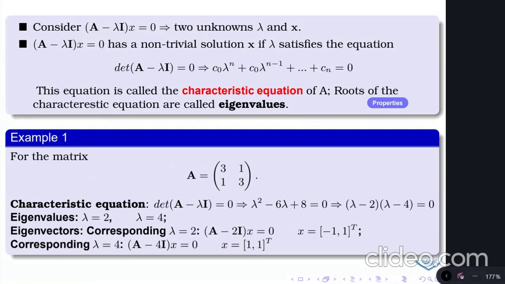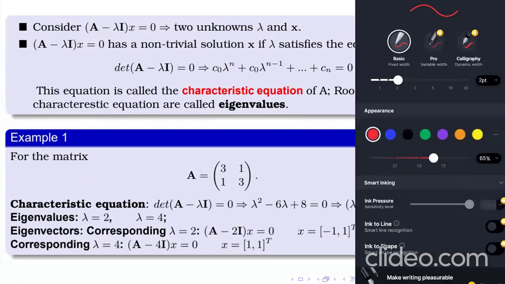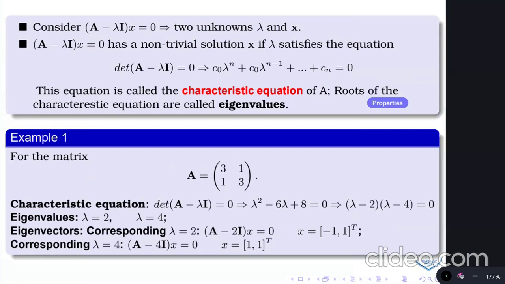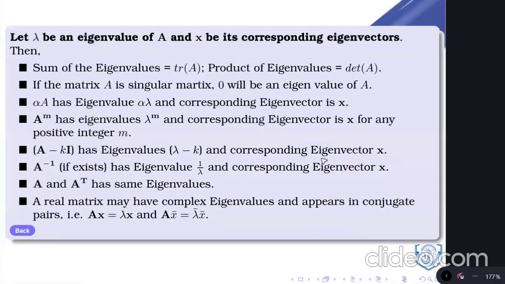So there are several properties, and every property has a proof, but again, I'm not going for the proofs. The sum of the eigenvalues will give the trace of A, and the product of the eigenvalues will give the determinant of A. If a matrix is singular, 0 will obviously be an eigenvalue.